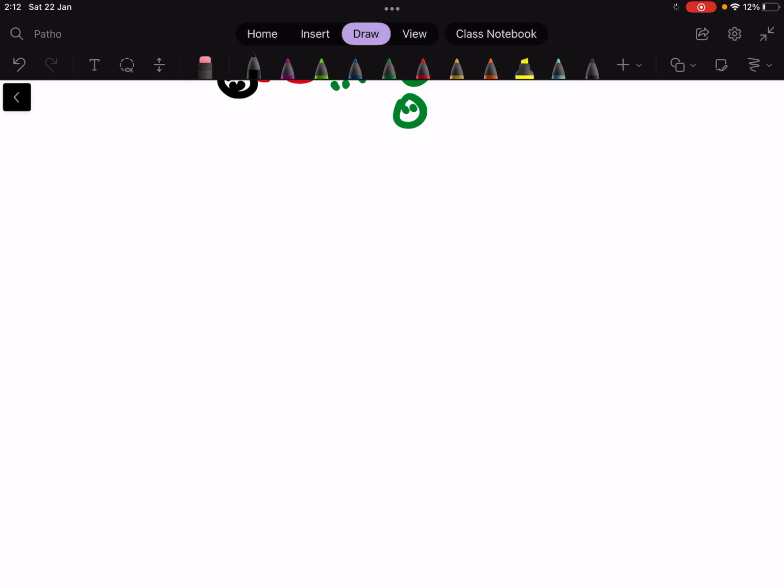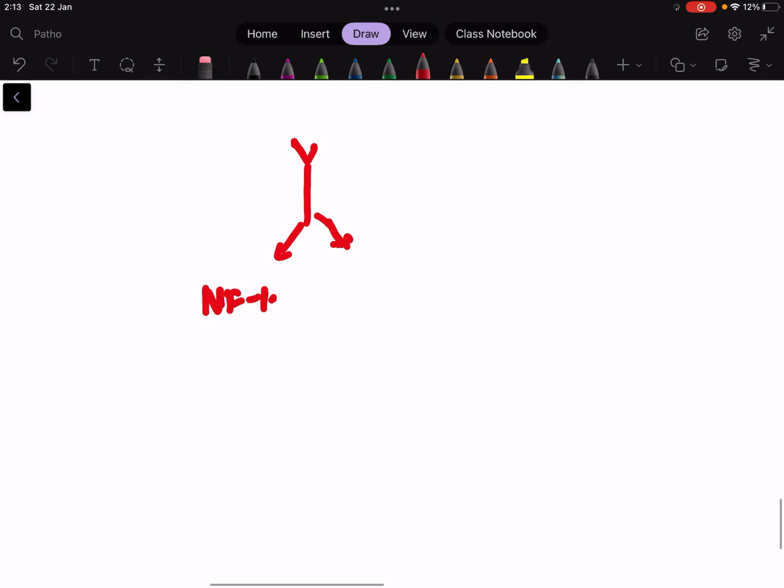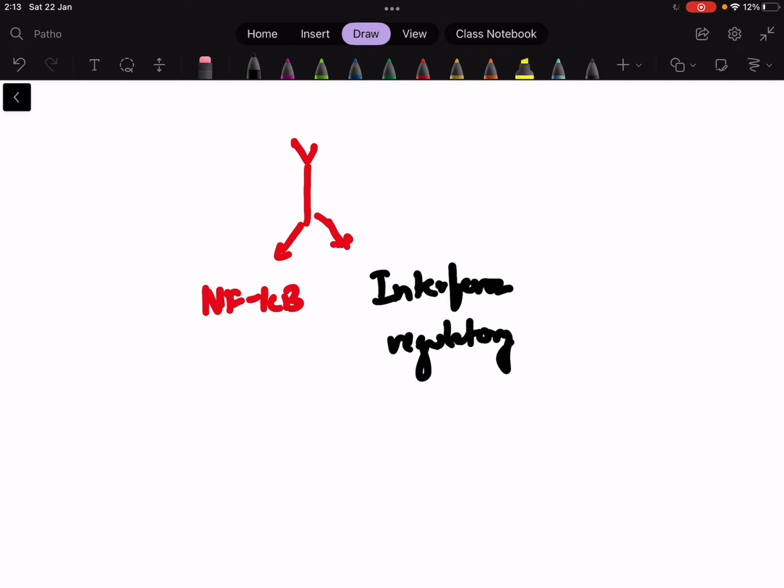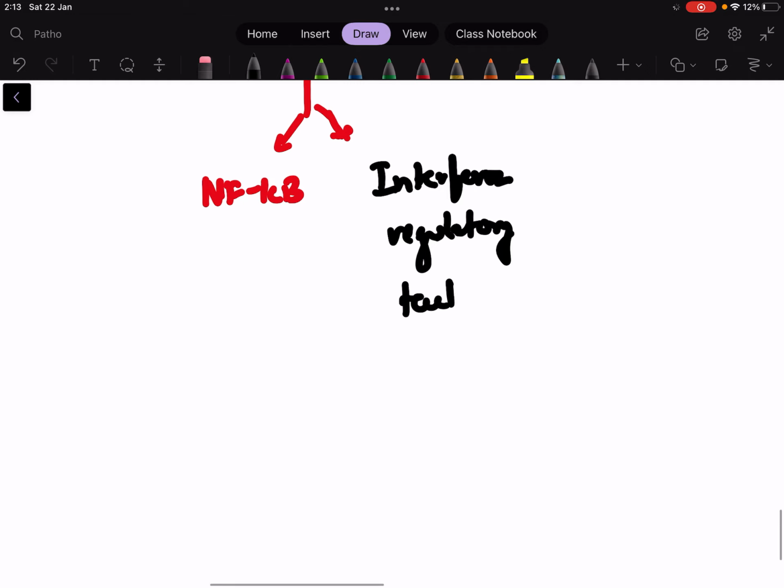Okay, so this is the toll-like receptor. I talked about two transcription factors. One was the NF-kB pathway. The other was interferon regulatory factor 1, or IRF1.